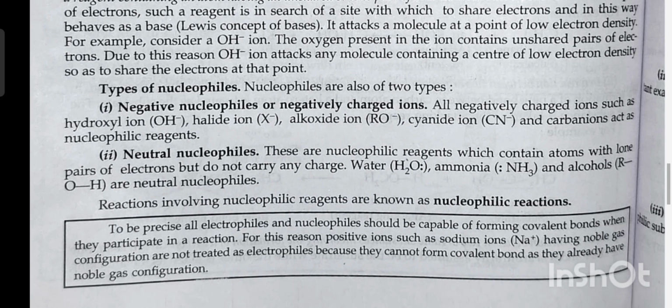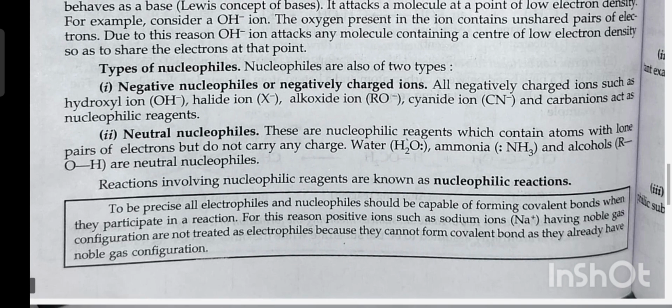Types of nucleophiles. Nucleophiles are also of two types: negative nucleophiles and neutral nucleophiles. All negatively charged ions such as hydroxyl ion OH negative, halide ion X negative, alkoxide ion RO negative, cyanide ion CN negative, and carbanion act as nucleophilic reagents.